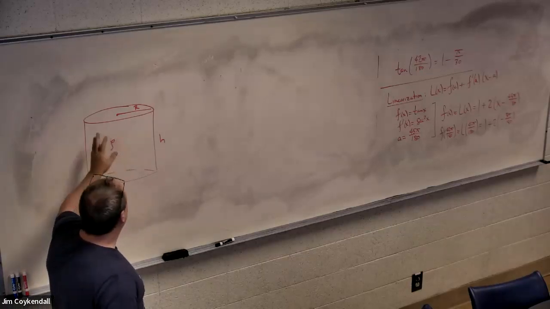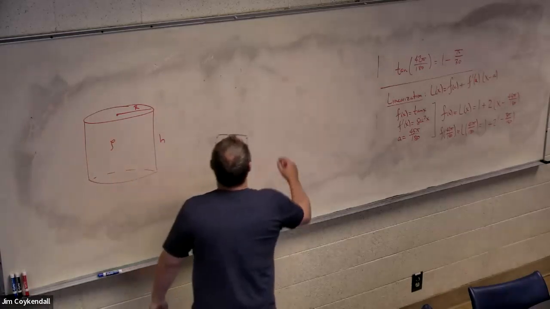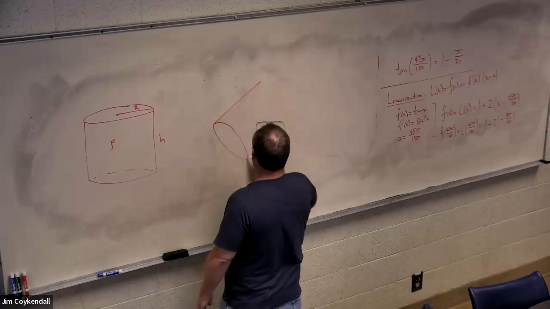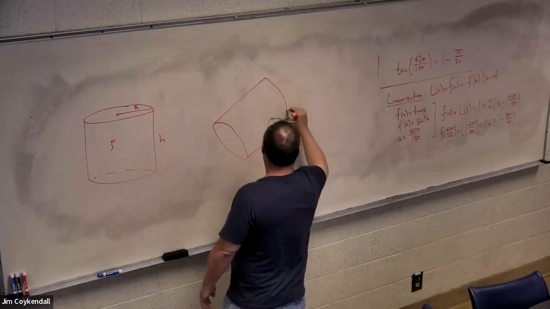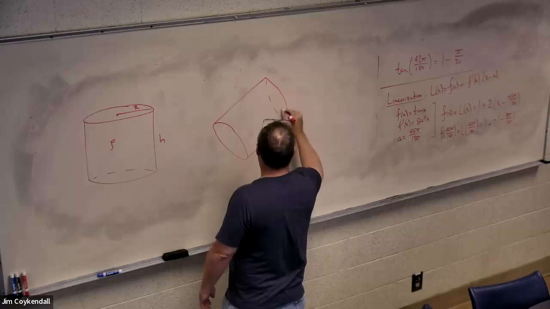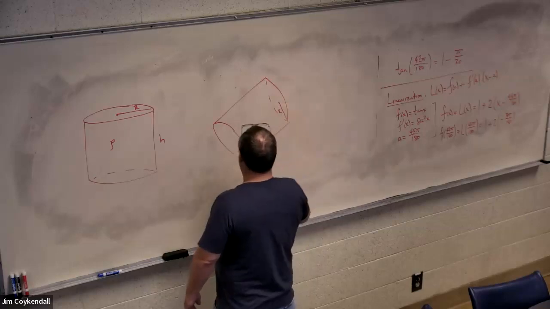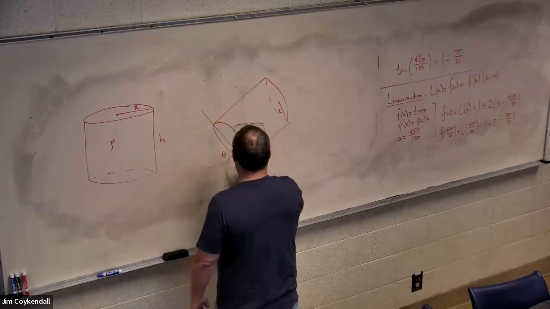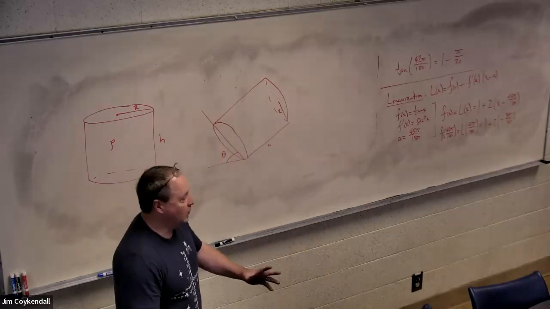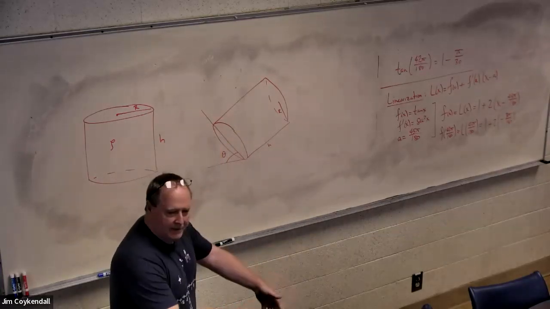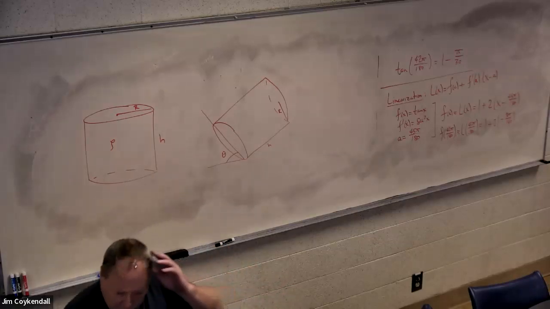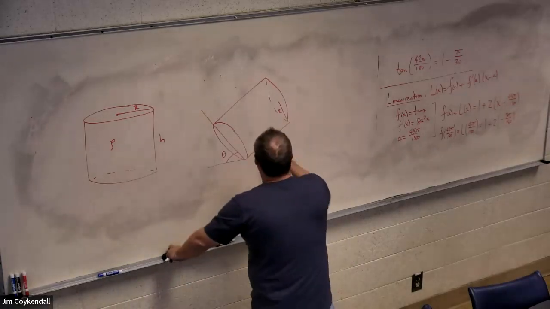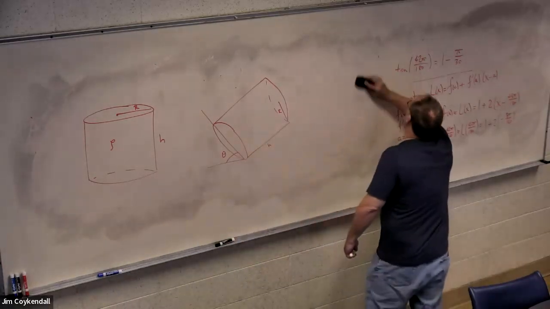You've got this thing full, and then you tip it by an angle theta. When theta is 0, it's sitting the way it's supposed to. When theta is pi over 2, I've knocked it over on the ground.